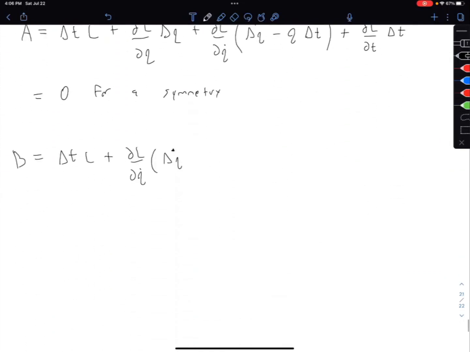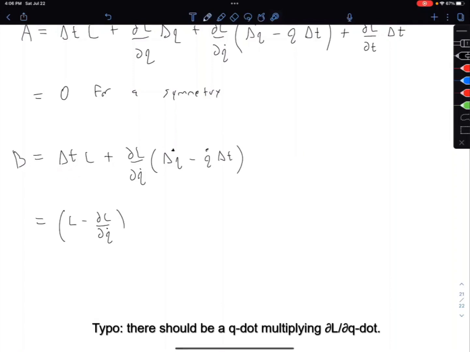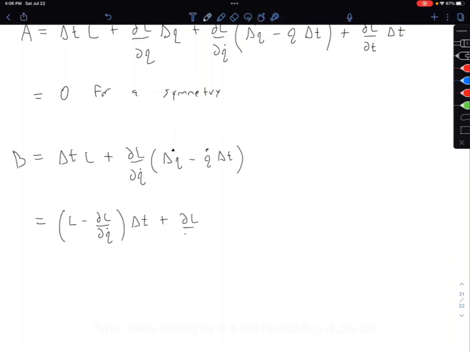Yeah, I was concerned because units weren't working out. Okay. And then this is going to be L minus dL/dq dot. If I just group the terms that are proportional to delta t, I'll have this times this plus dL/dq dot times delta q.